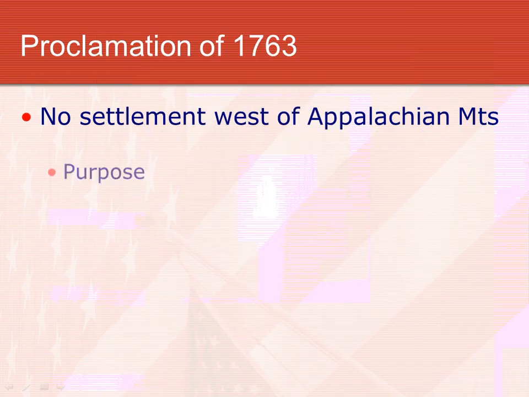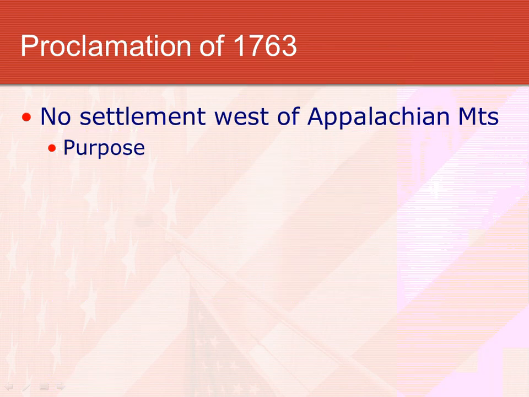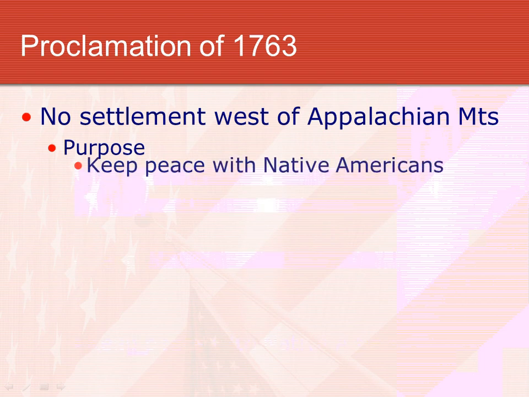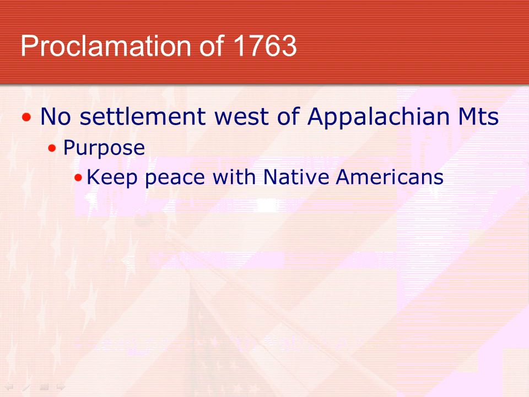Great Britain wanted to make sure that it kept peace with the Native Americans. The French and the Native Americans got along very well. And so when Great Britain went to war with France, the Native Americans helped out the French.